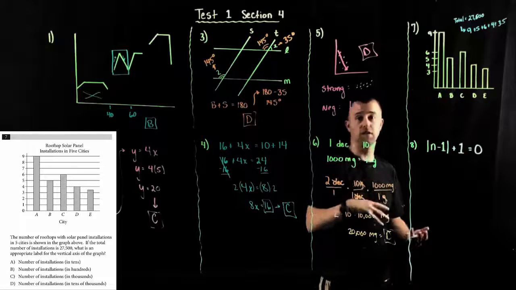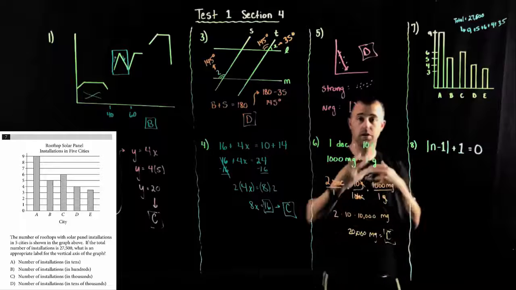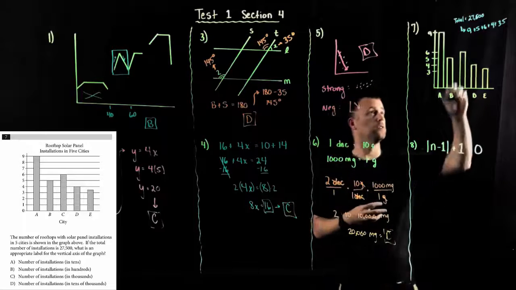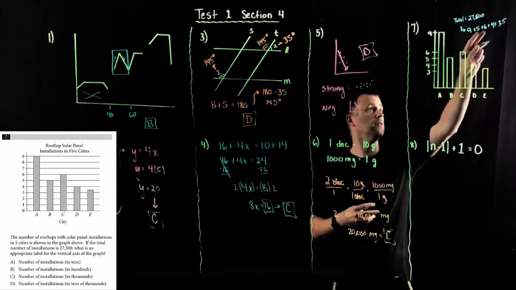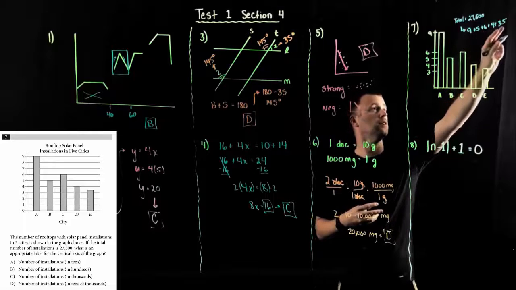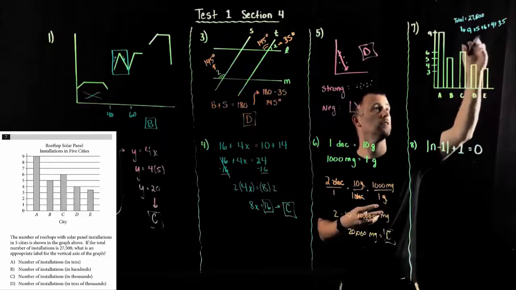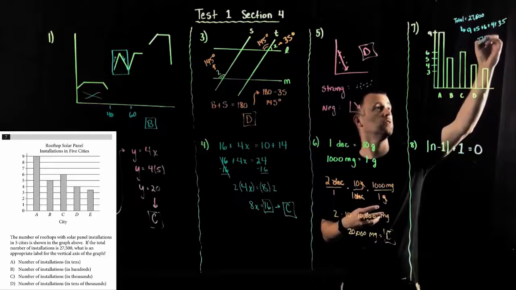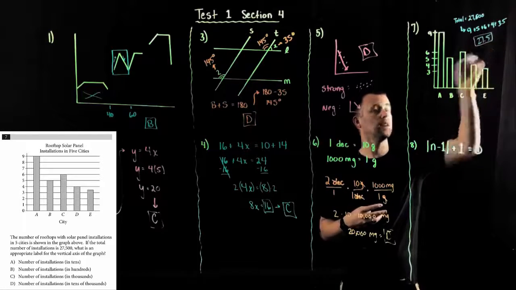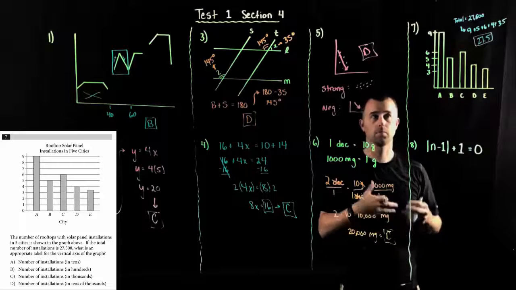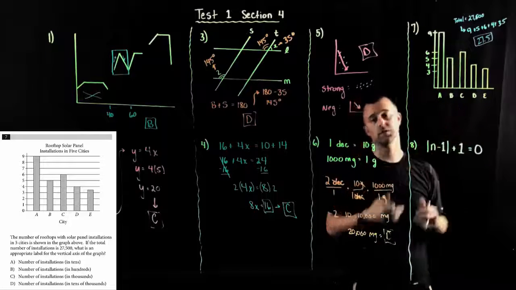Let's see what the chart gives me as a total and compare them and see how we can get those converted. So this would be 11 plus 9 is 20. This 20 plus 4 plus 3 is 27.5. So the chart adds up to 27.5, but it should be 27,500.